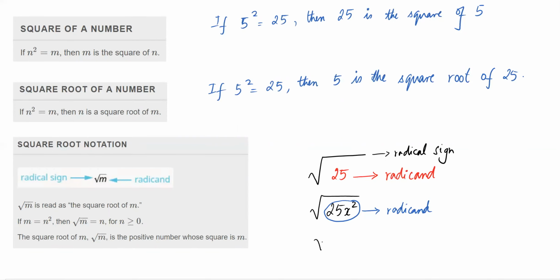Now, maybe I'll throw in a negative sign inside. 25x squared with a negative. Again, they're all under the radical sign, so you have the whole thing as radicand. If I had a minus outside the radical sign, that doesn't matter as radicand because it's not under the symbol, it's outside the symbol. So I hope that is clear.